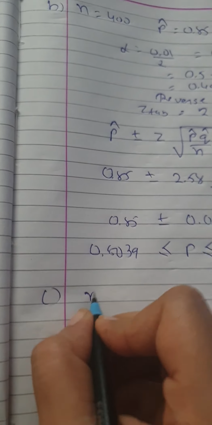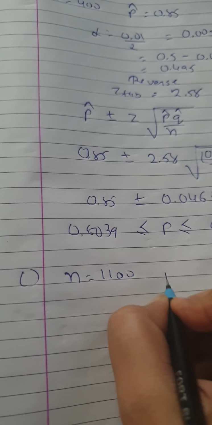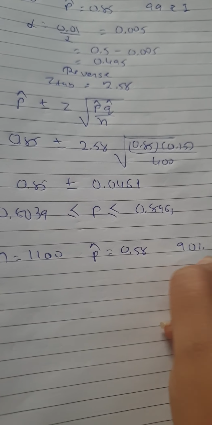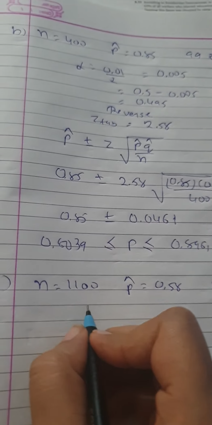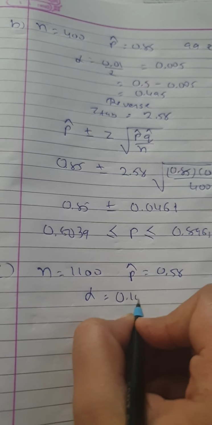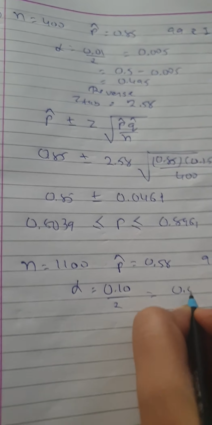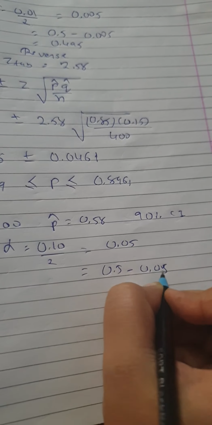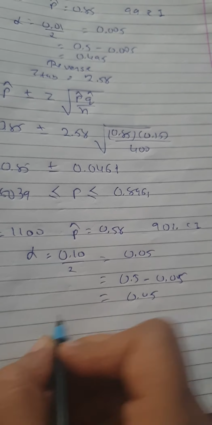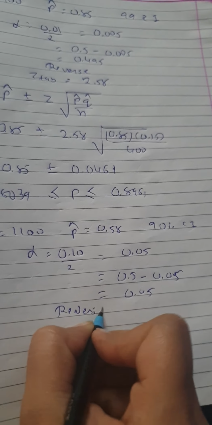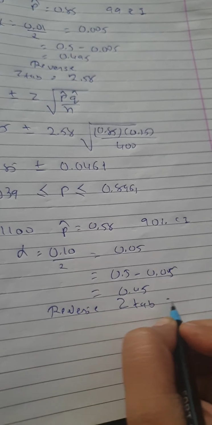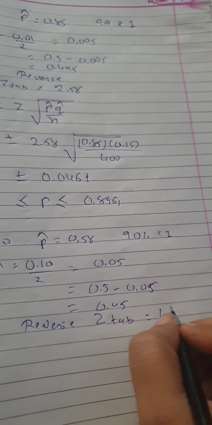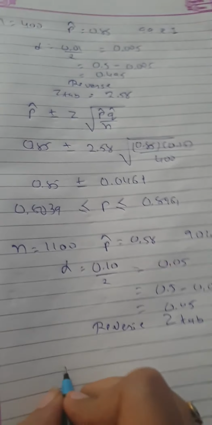Now option C, n equals 1100, P cap 0.58, 90% confidence interval. So your alpha will be 0.10 divided by 2, so 0.05, so again 0.5 minus 0.05, so it is 0.45. When you check the reverse value, your Z table value will be 1.645.